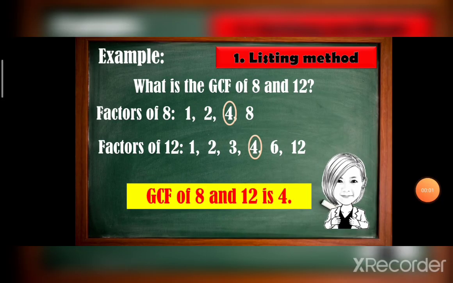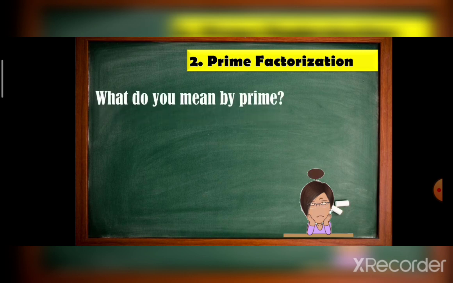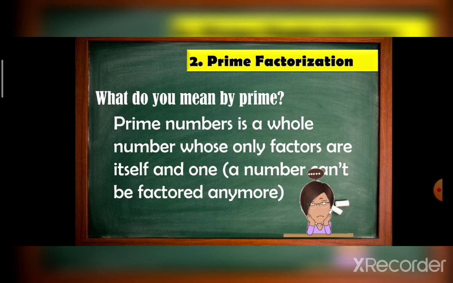Punta naman tayo sa pangalawang method, ang prime factorization. Bago tayo magbigay ng halimbawa, i-define muna natin kung ano ba ang ibig sabihin ng prime. Prime numbers. Prime number is a whole number whose only factors are itself and 1, or a number that can't be factored anymore.